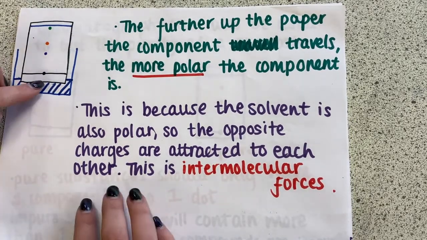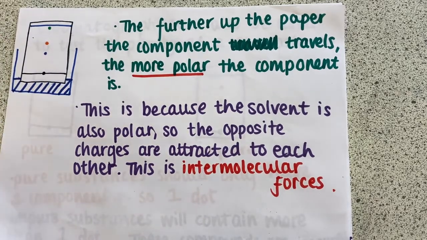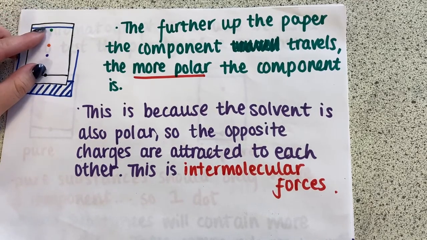It travels up further because the solvent is polar. The opposite attractions between the molecules of the solvent and the molecules of the component are attracted to each other through their intermolecular forces.